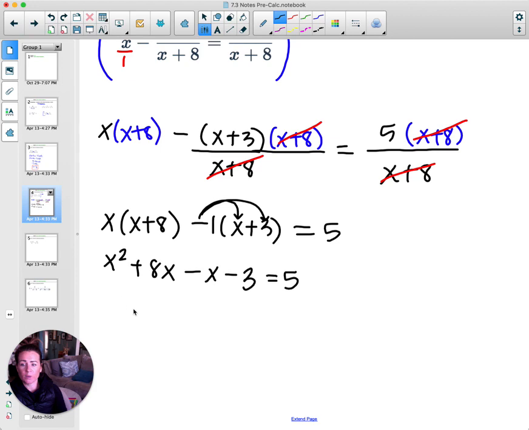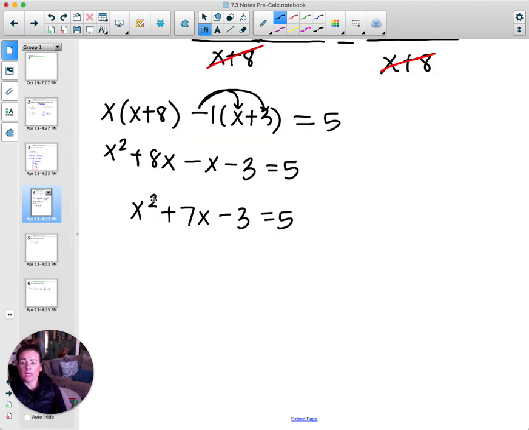Now we combine like terms, so we'll have x squared plus 7x minus 3 equals 5. We have a quadratic, so we want to get everything to one side of the equation so that we can factor, hopefully, otherwise use the quadratic formula. So subtract 5 over, and we get -8 on this side, equals 0.